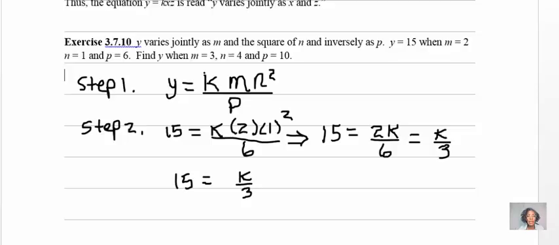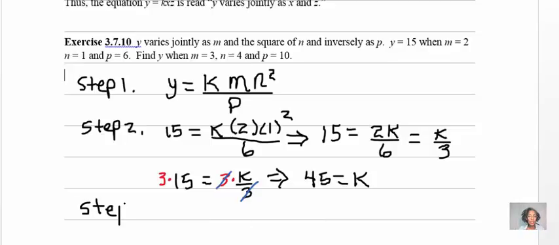Well, to isolate k, let's multiply both sides of this by 3. And that allows us to isolate k on the right and realize that 3 times 15 is 45, and that gives me my k value.